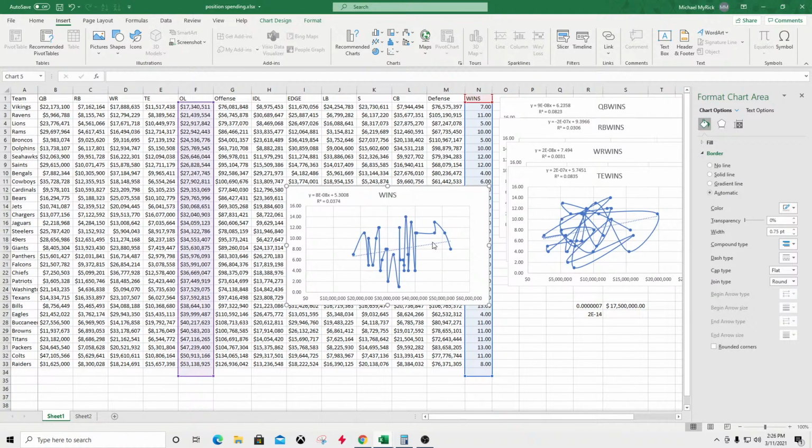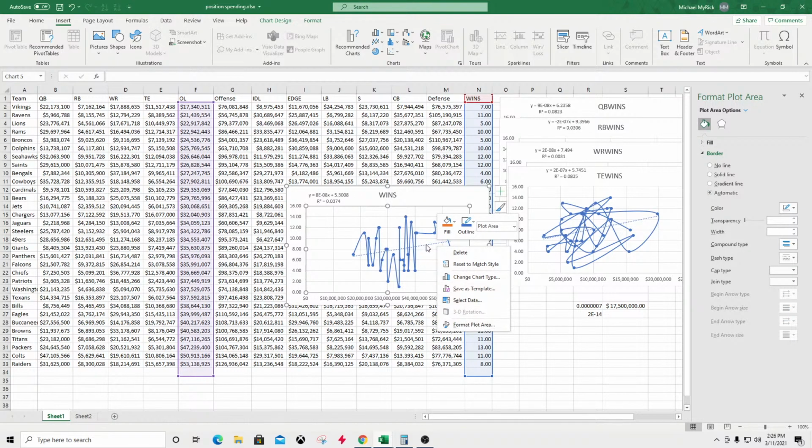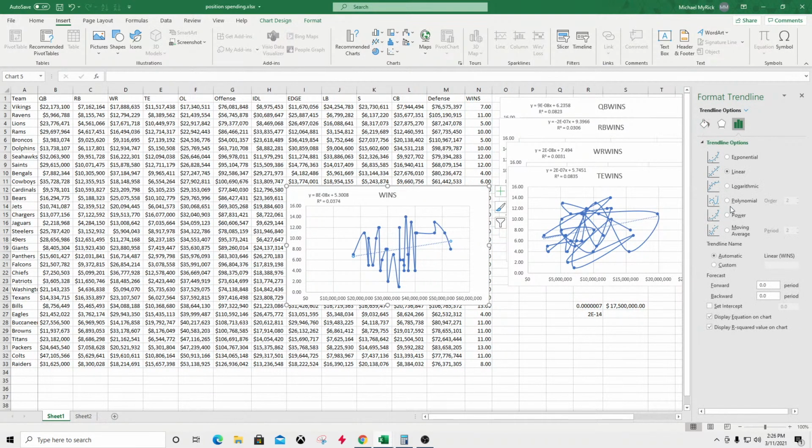All right, is there a sweet spot? Sweet spot, check. No sweet spot.